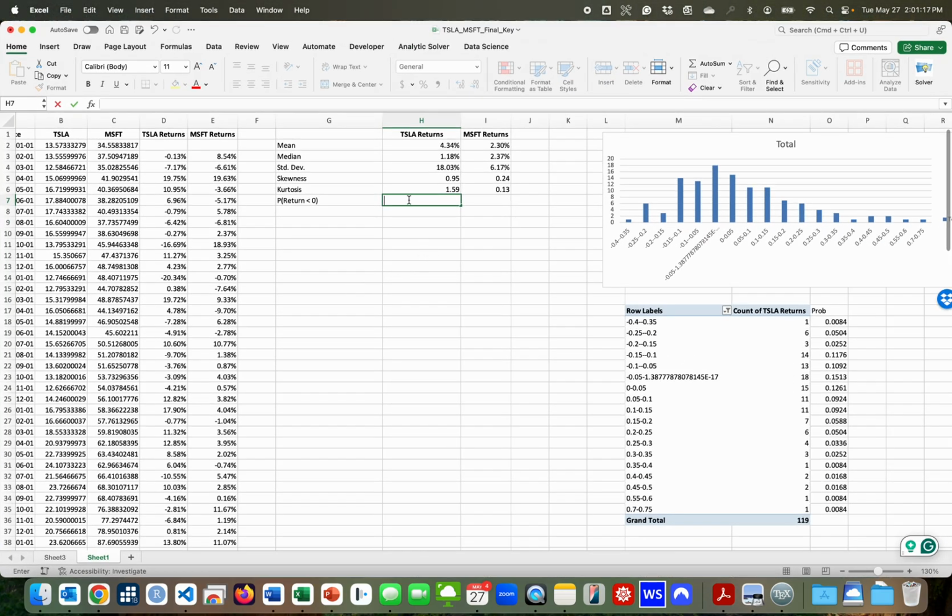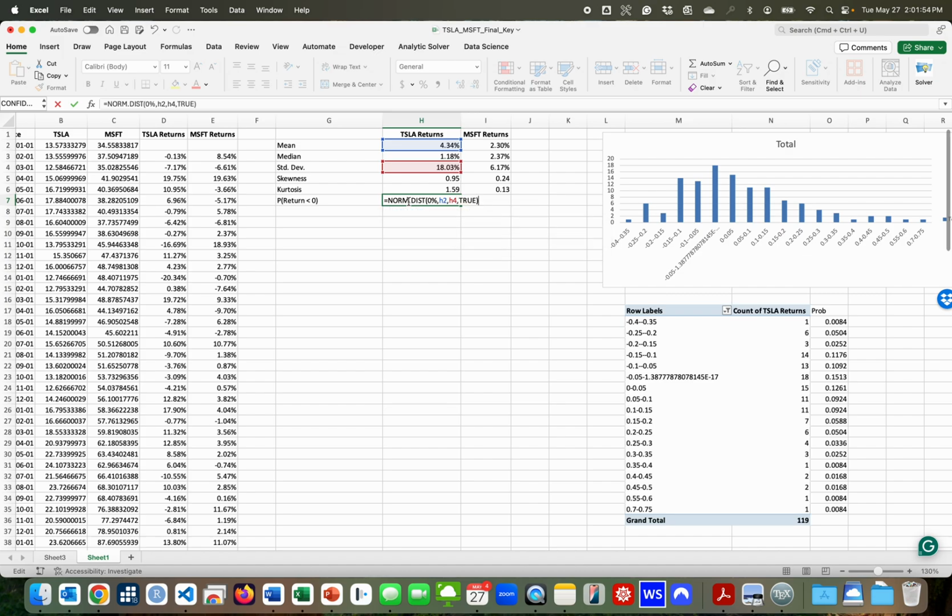So to find the probability that the return is less than 0, we're going to do equals norm.dist. X is 0. Just get in the habit of putting the percent sign on there. So we're going to be less than 0%, when the mean is H2 and the standard deviation is H4, and we always put true.